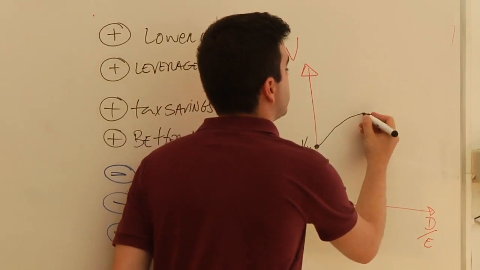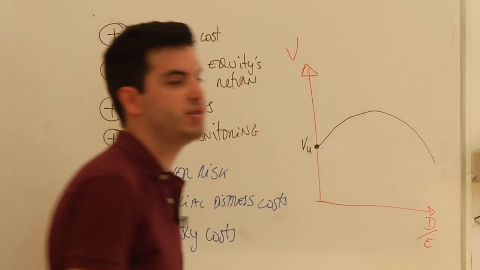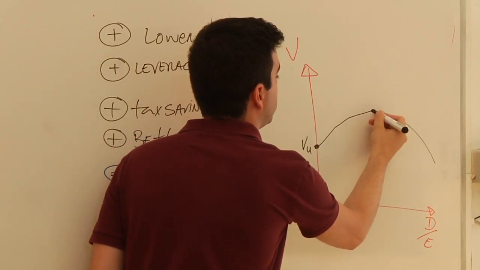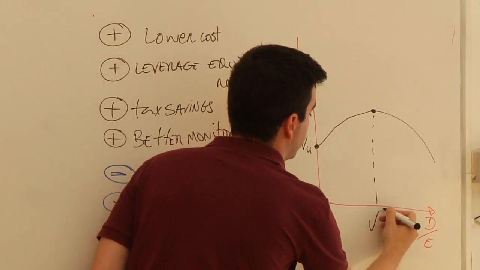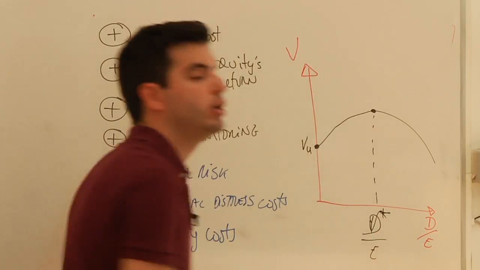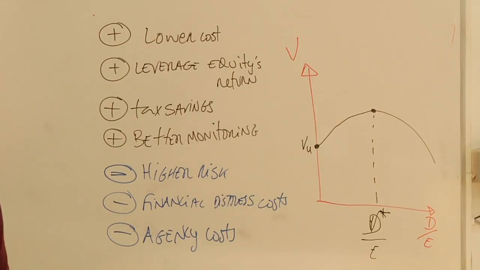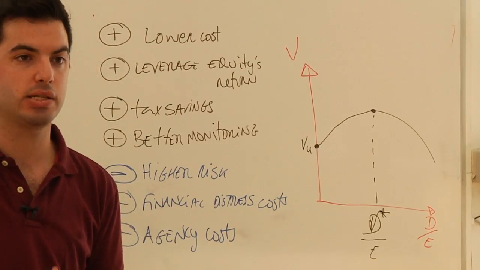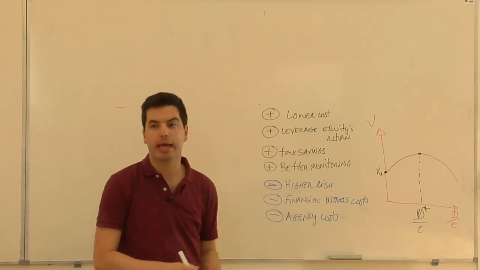So at some point, there will be a decrease in value, and there will be an optimal value for the company, an optimal debt to equity, which will give you the maximum value that the company may have given its current assets. This will give you the optimal capital structure.